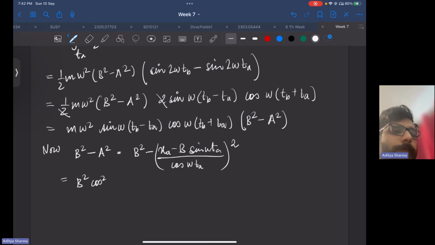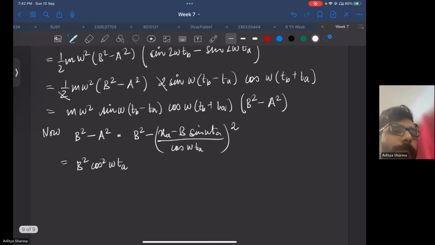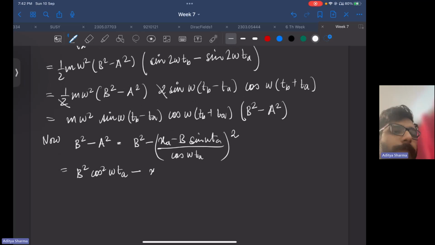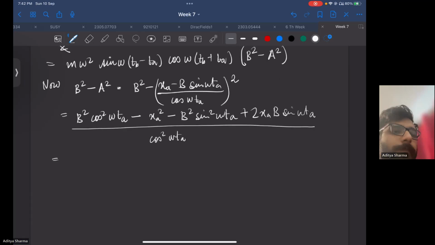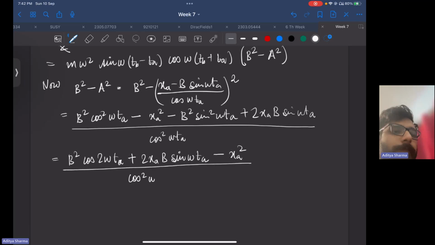B square cos square omega ta minus x square minus b square sin square omega ta, to xb sin omega ta cos square omega ta, b square cos 2 omega ta plus 2xab omega ta minus x square cos square omega ta.